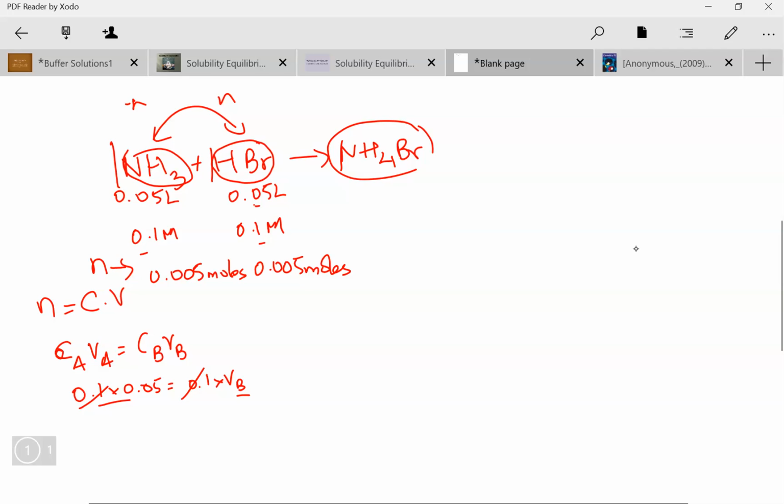Both of these are limiting reagents at equivalence point, and you will get 0.005 moles of NH4Br. You can do that little chart if you want to, taking either of them, because both of them are limiting reagents.